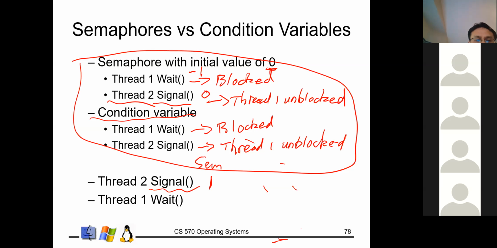Then thread 1 calls wait. It will decrement the semaphore to 0, but it's not less than 0, so thread 1 will not be blocked, okay?